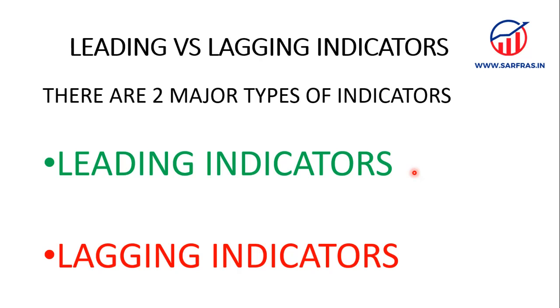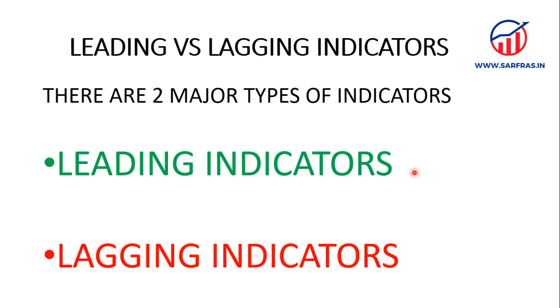Lagging indicators are sometimes also called laggard indicators. Leading indicators give you more real time information, and lagging indicators give you information after the event has occurred, or delayed information.